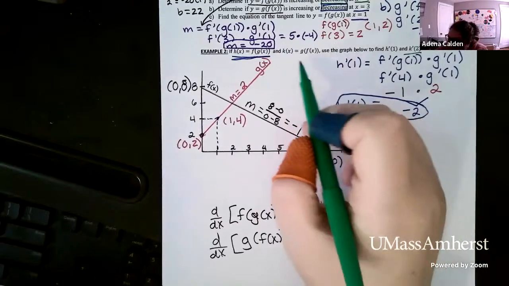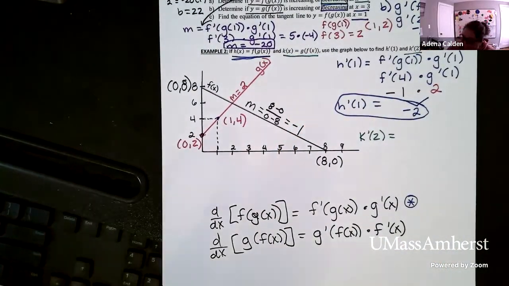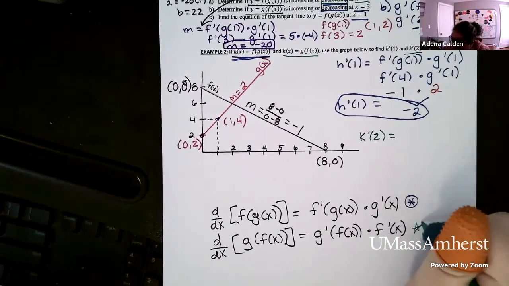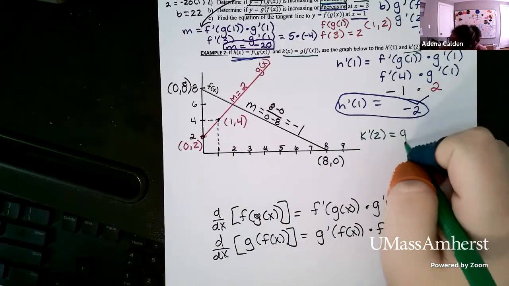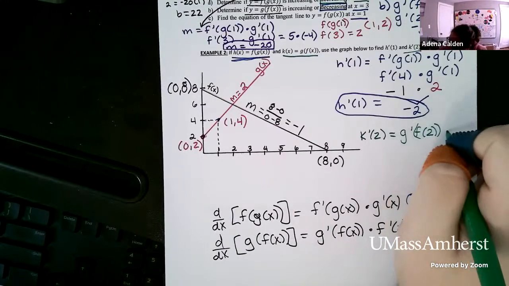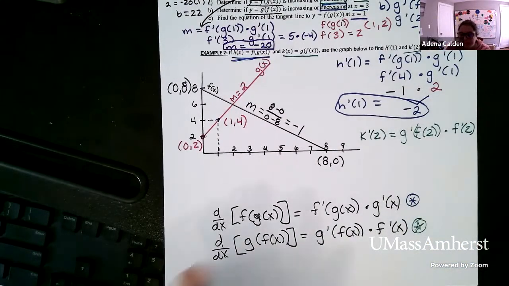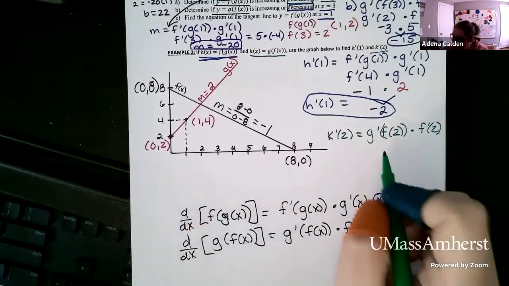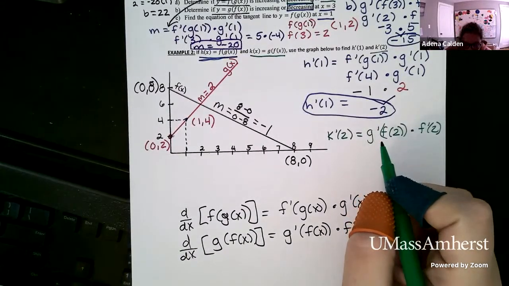Okay, so again, I want to reference what my k function is. And here it's g of f of x, which means that I'm using this version of the chain rule where these have been switched. So that means I'm doing g prime of f of 2 times f prime of 2. Okay, so again, I'm going to start with my functional value, f of 2, to see if I can determine what that is going to be.